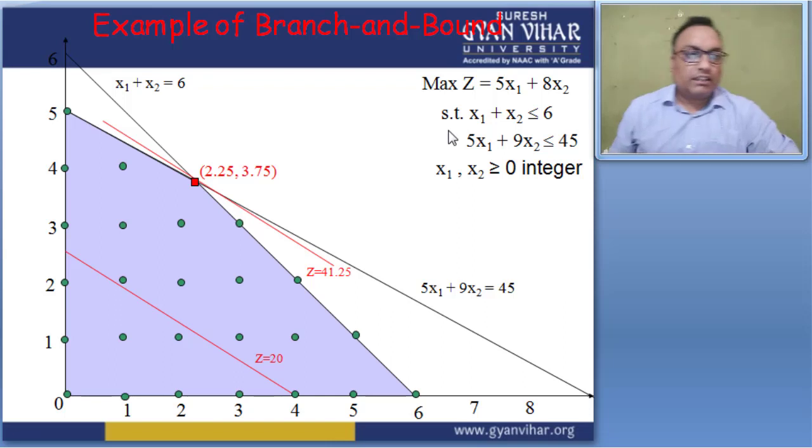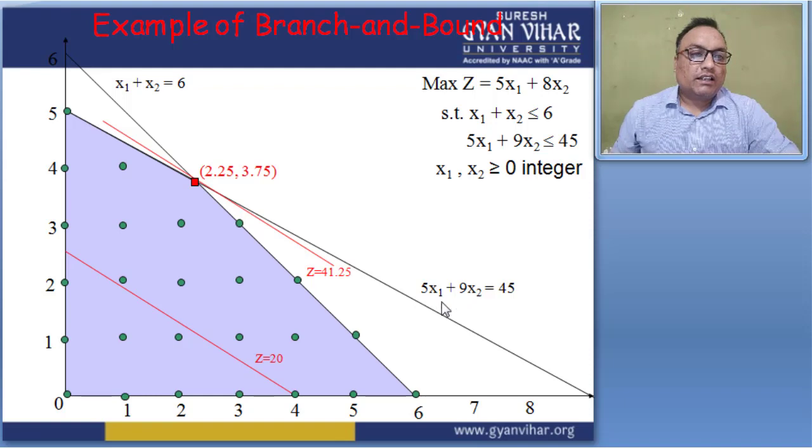So x1 plus x2 less than or equal to 6: this first line shows the line x1 plus x2 equal to 6, right? In the case of the second constraint, 5x1 plus 9x2 less than or equal to 45.